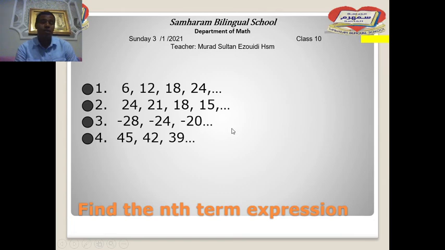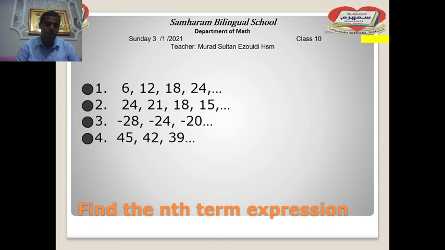So the nth term equals a plus n minus 1 multiplied by d. It will be negative 28 plus 4 multiplied by n minus 1, which means 4n minus 32. This is the nth term; you should check the answer. It is 4n minus 32. This is the nth term.